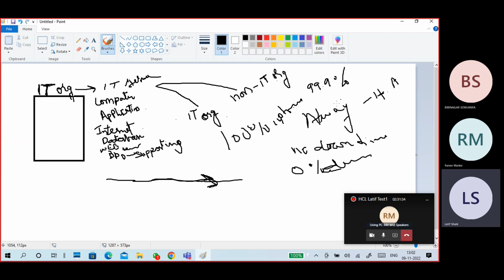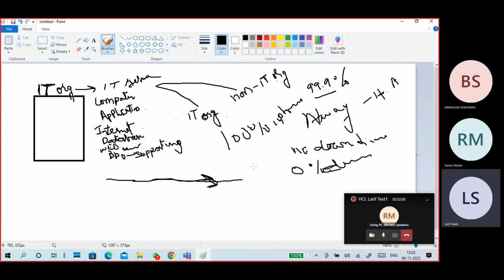99.9% uptime. You know what 99.9% is? It means per year, 15 minutes of downtime, 15 minutes in the entire year. 365 days into 24 hours into 60 minutes.